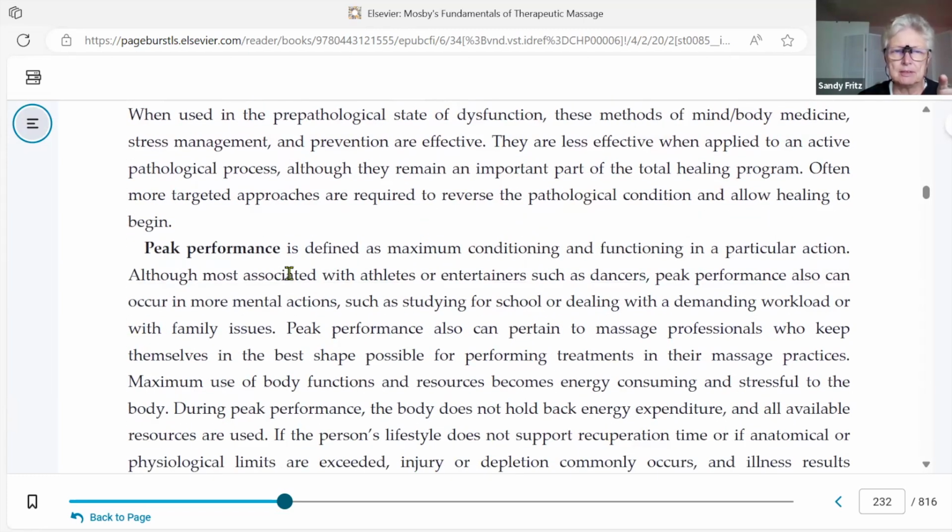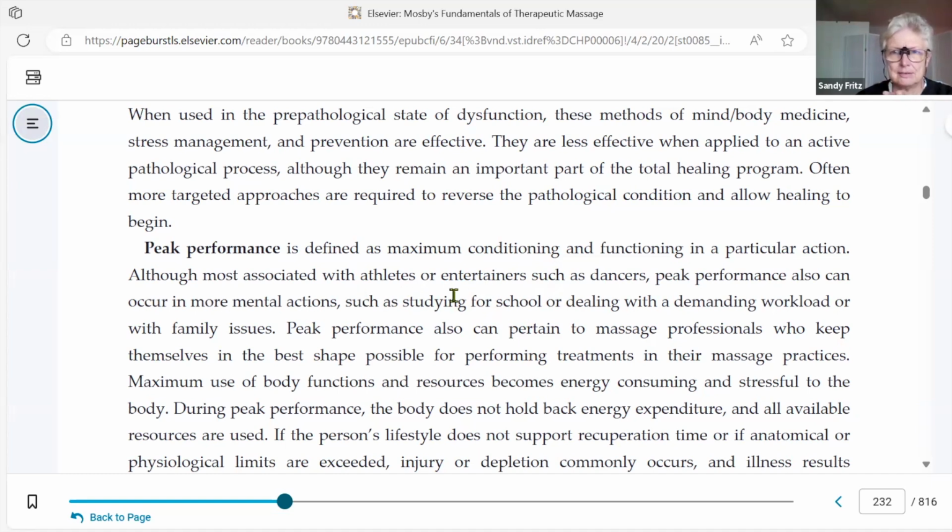Peak performance is also a strain on adaptive capacity, and it's not necessarily a healthy state. So we would look at a high performing athlete, for example, and we would say, wow, especially in the physical function, look at how healthy they are, how strong they are.